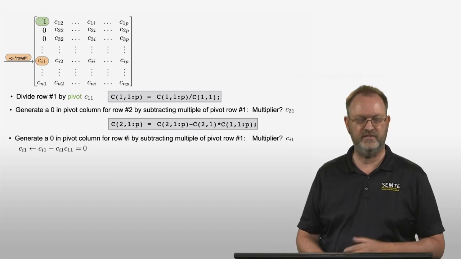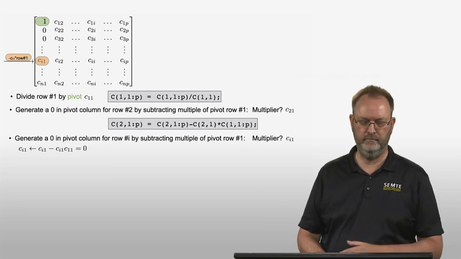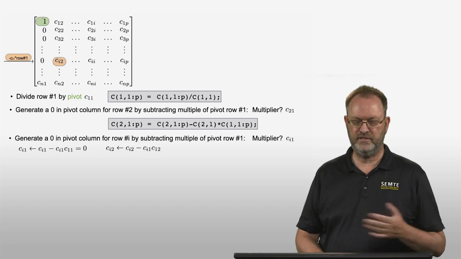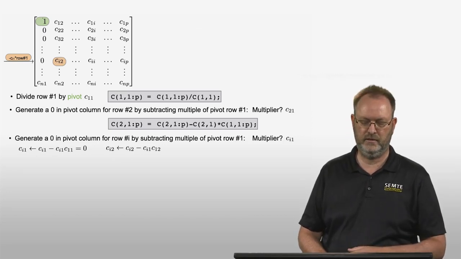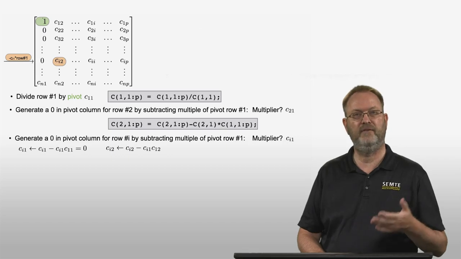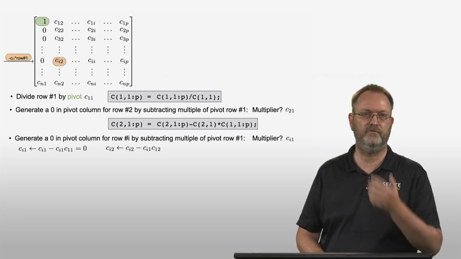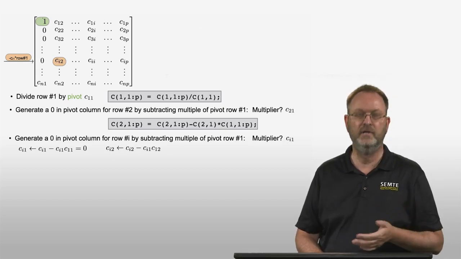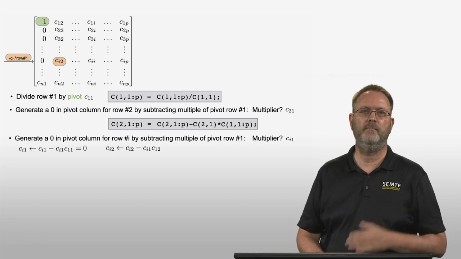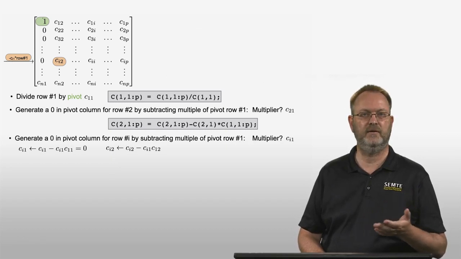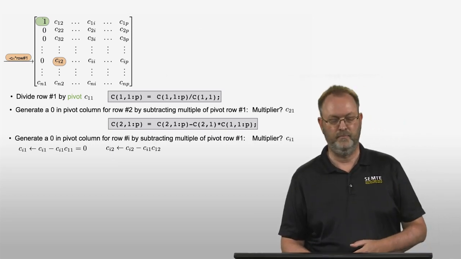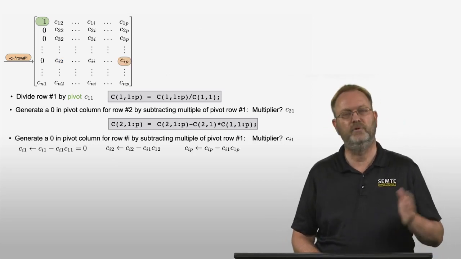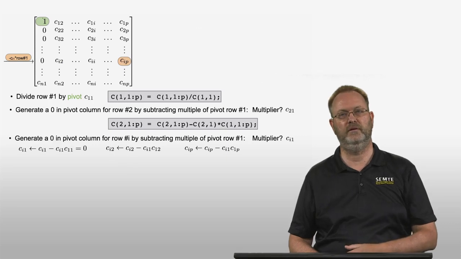That gives me a 0 in that first column. And I'm going to do the same operation for every other entry in this row. So I2, the second entry of row number I, turns into the original value there minus the multiplier Ci1 times the corresponding entry in the pivot row, which was row number 1. And we do this all the way to the pth column.